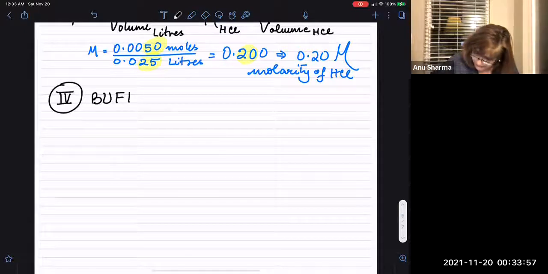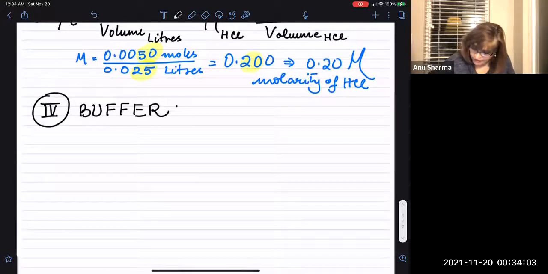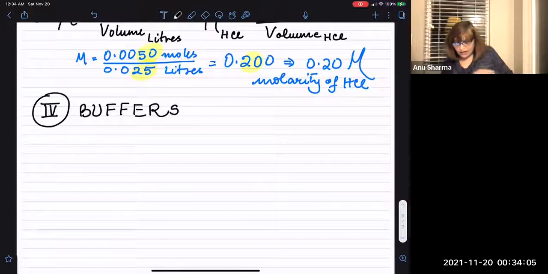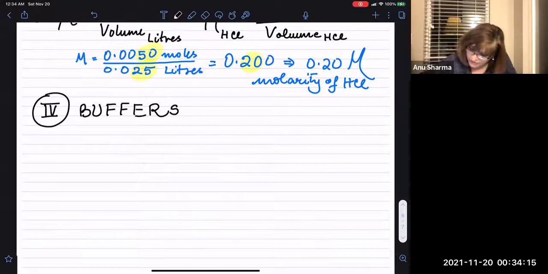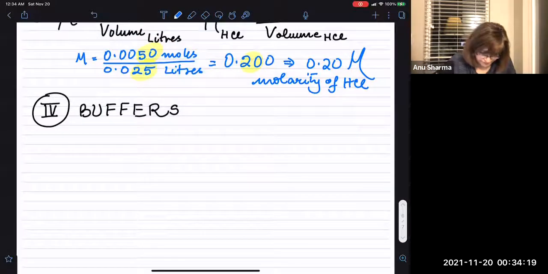Buffers is when the pH is maintained, whatever the original pH of a substance is. That is a buffer. For example, here is an example of a reaction.